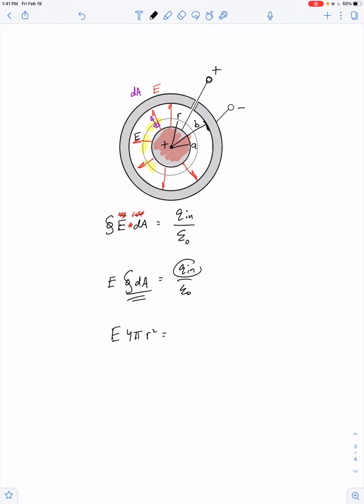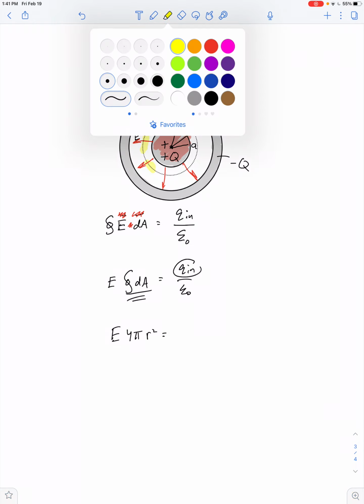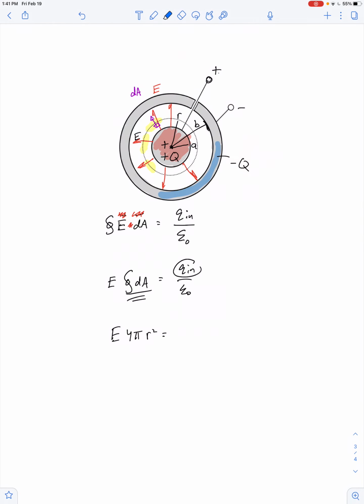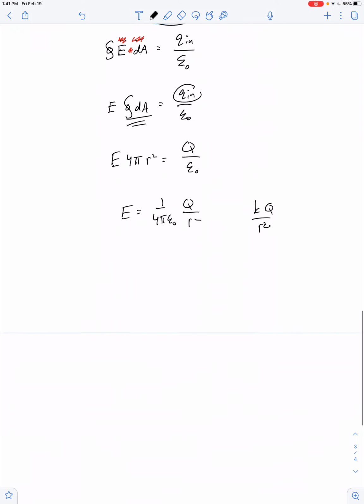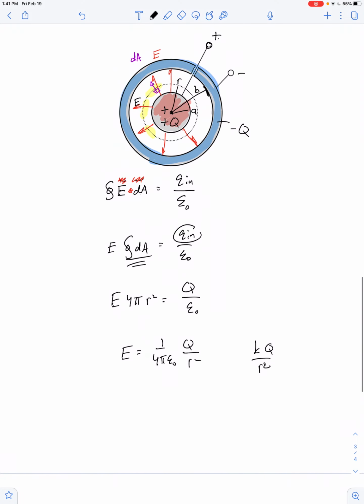Well, if this inner sphere is connected to the positive terminal, it's going to have some charge, capital Q. Of course, the outer conductor is going to have some charge, negative Q. So E equals 1 over 4 pi epsilon naught Q over r squared, which, by the way, is just the same thing as KQ over r squared. So no surprise there.